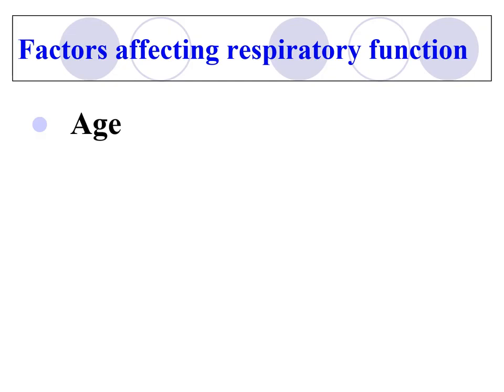In old age, the activity of the person will be less, because of that the demand for oxygen will be low. Because of that, the respiration will go down to 12 to 15, or 12 to 20 per minute.